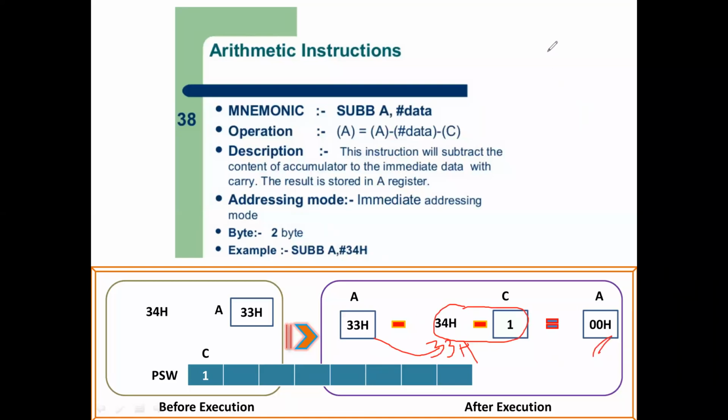So the accumulator will have the final result, that is 00H. For better understanding, I have given this pictorial representation. In books they will not give this type of pictorial representation; blindly they will give this: the instruction will subtract the immediate data from the content of the accumulator with carry. The result is stored in the accumulator.